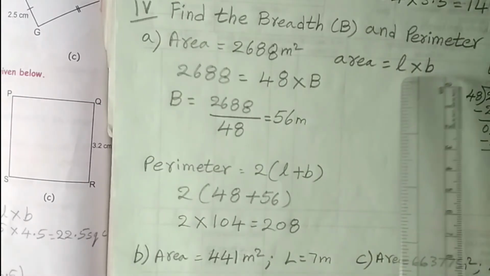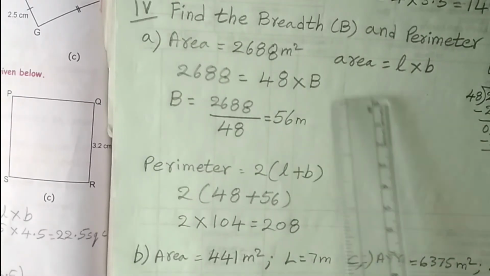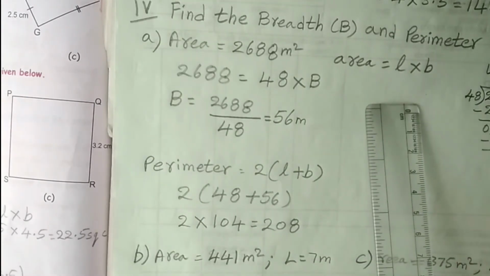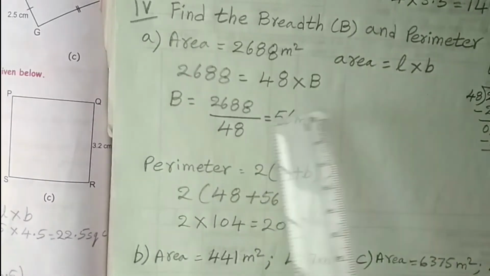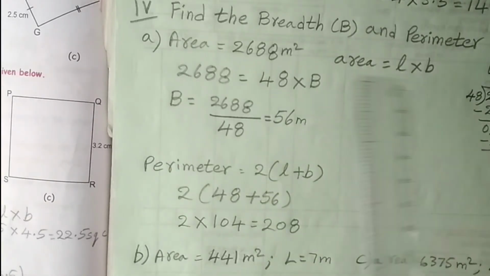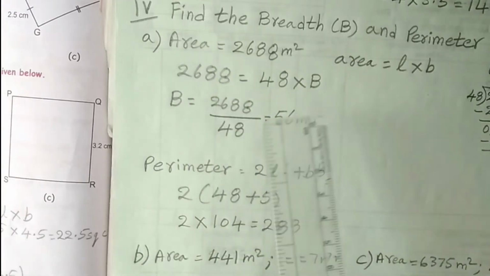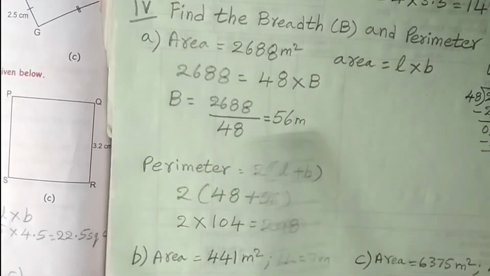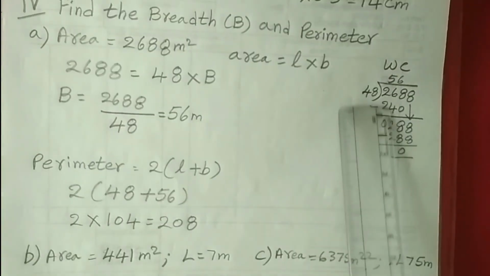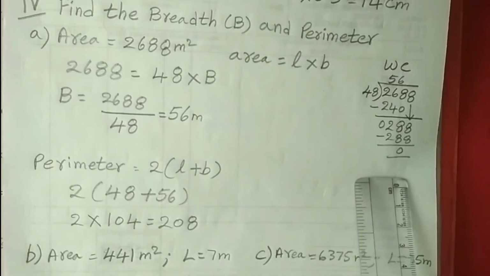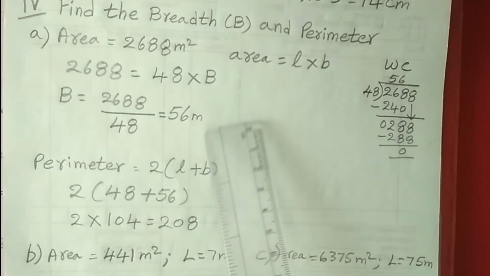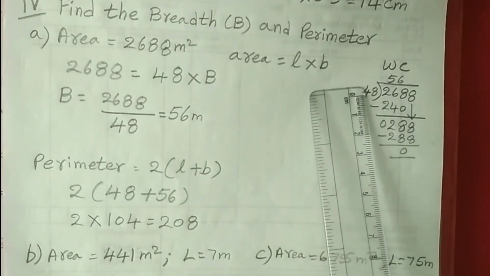So length, we know, is 48. We don't know the breadth. So we have to find this out. So how will we do it? We have to do the division. 2688 divided by 48, the answer is 56. See the working column also I have given you. Okay. So 56 is the breadth.